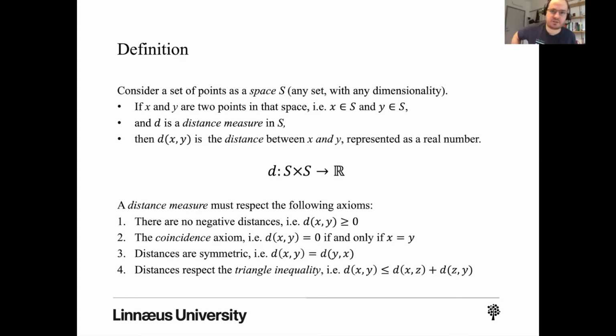So a space is just a set of points that come from the same context, right? For example, two text documents, two images, two multidimensional vectors, whatever, as long as they come from the same space, right?